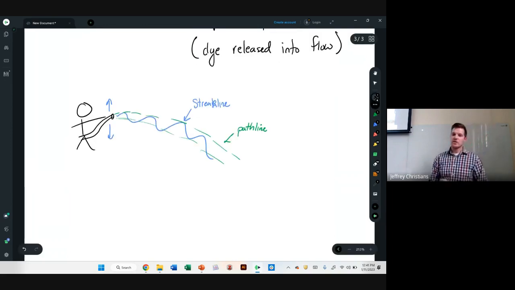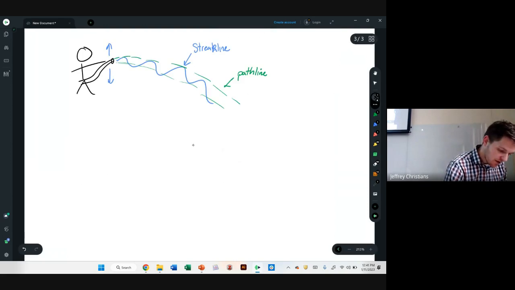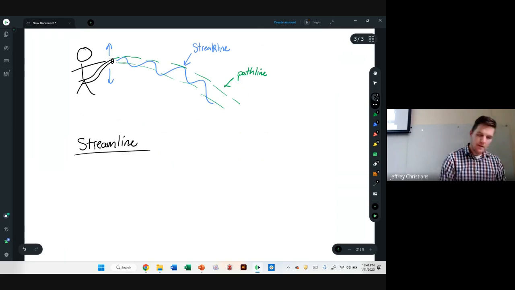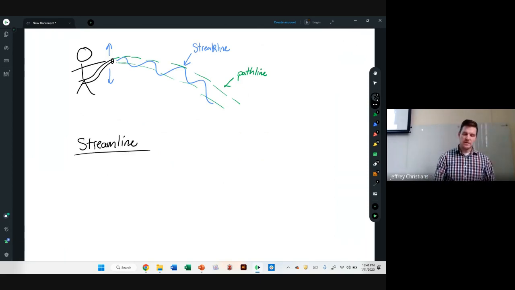The last one, which we're really interested in but don't have direct ways of visualizing, is called a streamline. So we have these three things that we can experimentally visualize, and this one thing that we want, but don't have opportunities to visualize.